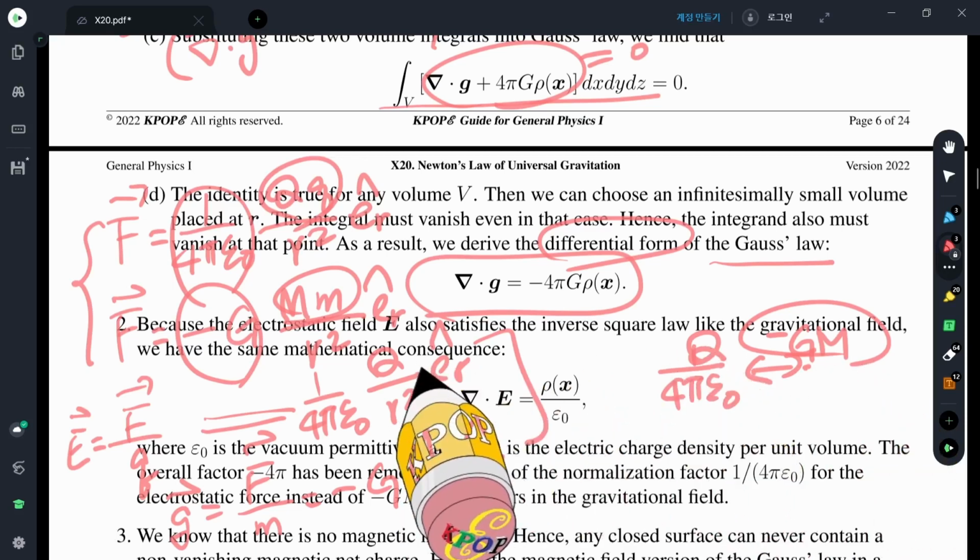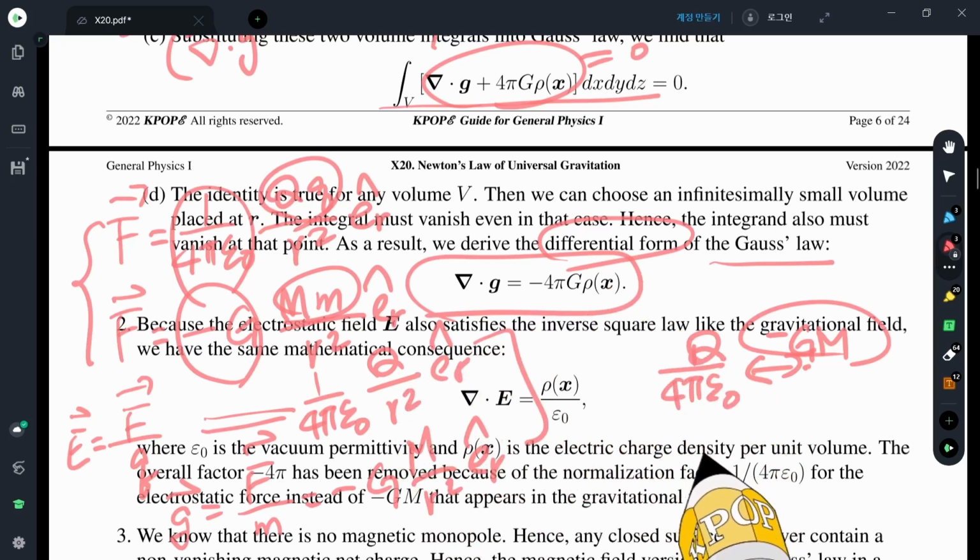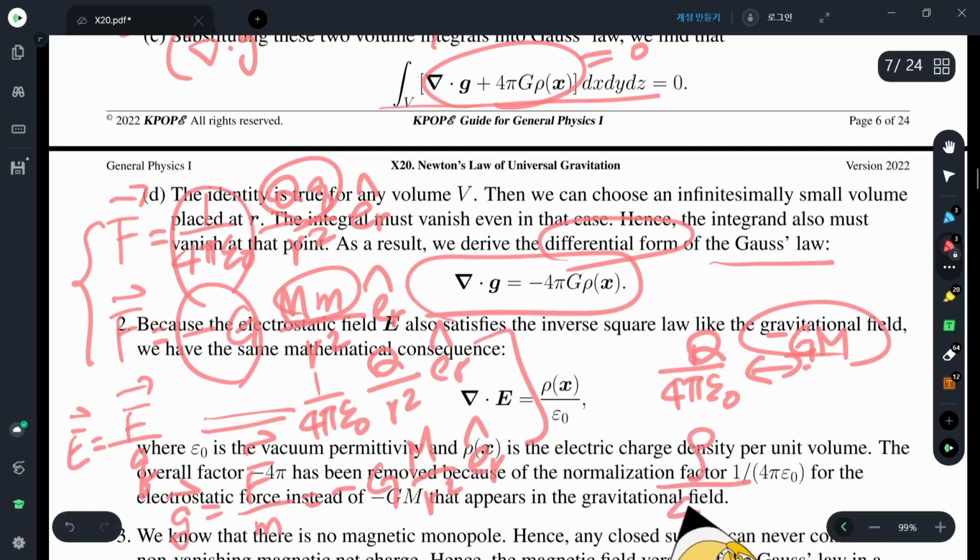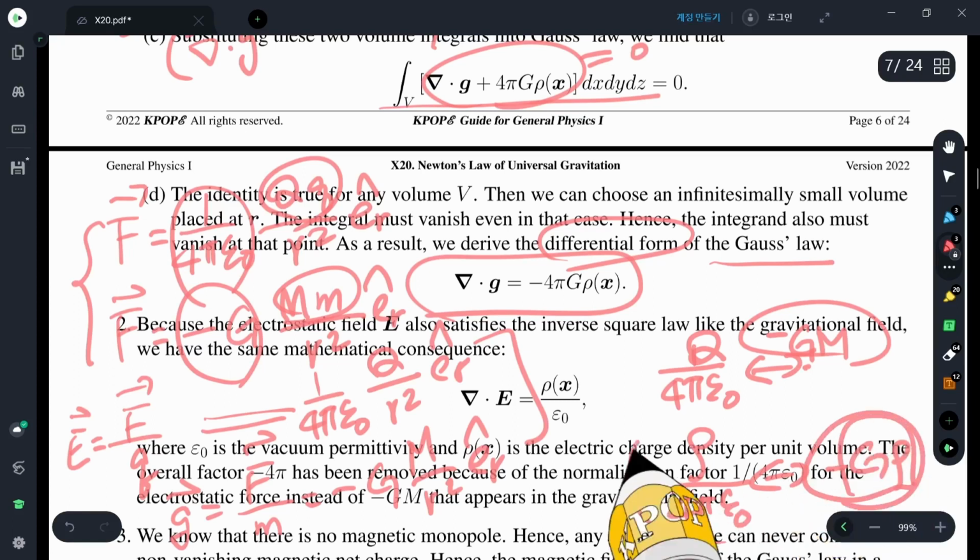And in the volume integral, it is to be replaced with rho, and minus G rho. So minus G rho is to be replaced with 1 over 4 pi epsilon 0.